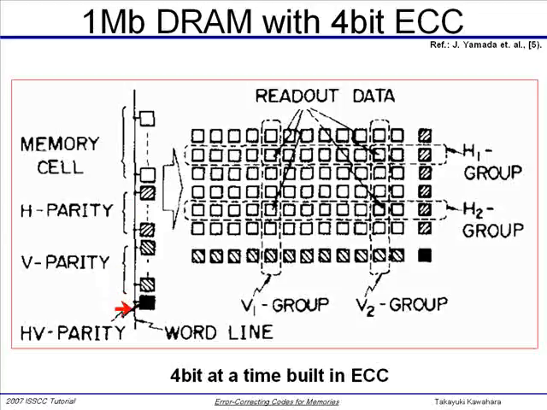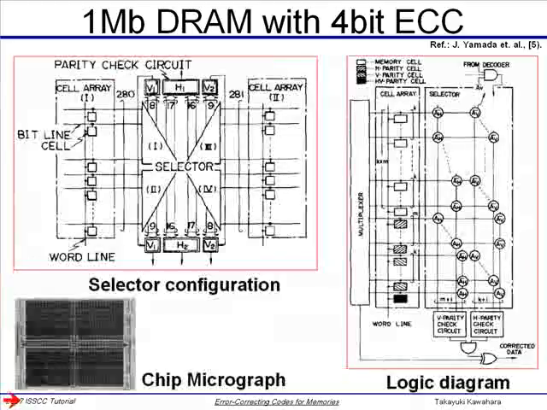So as I learned before, the memory cell is put in this form. We calculate the horizontal line, also the vertical line, and then the horizontal-vertical line, so that we calculate and store them in the memory array. This is the actual implementation of the block diagram.